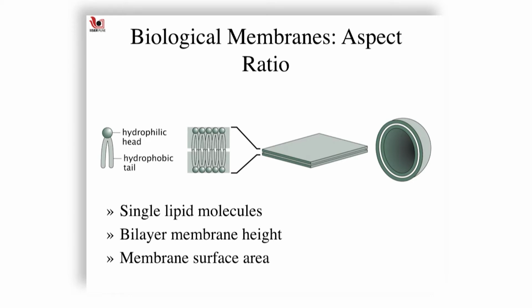Biological membranes have a typical aspect ratio, and that makes them slightly unusual. In contrast, perhaps you might recollect that we also had this simplification in beams. We said that along one dimension they're much larger, the so-called slender beam theory, as compared to the other dimensions. So width and thickness in the cross-section are much smaller than the length of the beam.